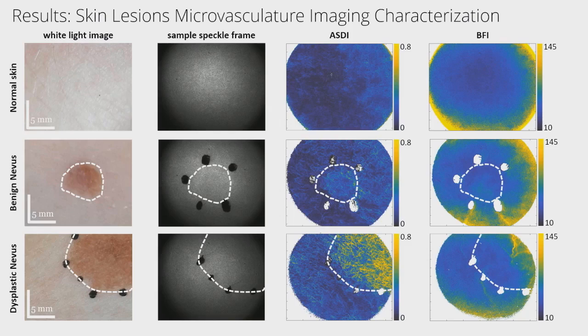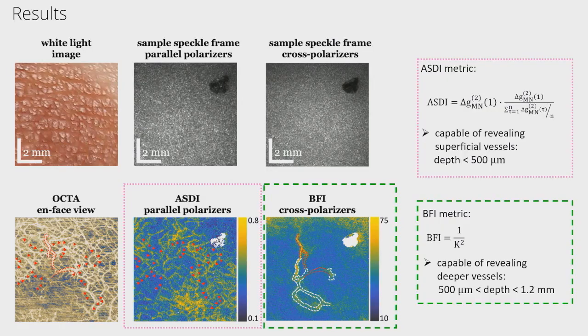You can see from the third column that the superficial vasculature revealed with FASDA is very different, both from the surrounding skin and from another normal skin area, but most importantly from the benign nevus. We are now in the process of starting a pilot study on skin cancer patients, in order to explore these capabilities further.